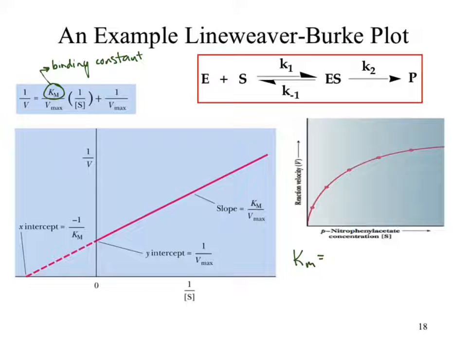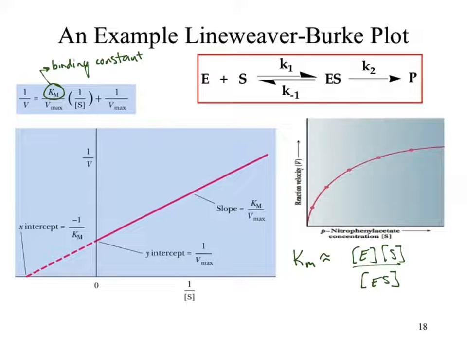Because it was defined from the rate constants, I don't remember exactly how that all paired out, but trying to nail it down based off the rate constants isn't the easiest. So what we can do is a rough equivalence, which I believe I've got this equation right, to our enzyme times our substrate over the enzyme substrate complex. So this is why we can call it the binding constant.